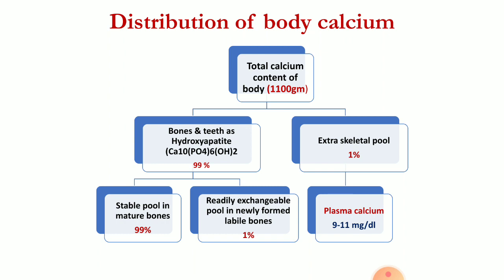It is the plasma calcium, which is almost 9 to 11 milligram per deciliter, that is responsible for different metabolic and neuronal activities of calcium in our body. So it is very crucial to maintain the plasma calcium within this physiological range, that is 9 to 11 milligram per deciliter. So let us see how this balance or homeostasis of calcium level in our body is maintained.